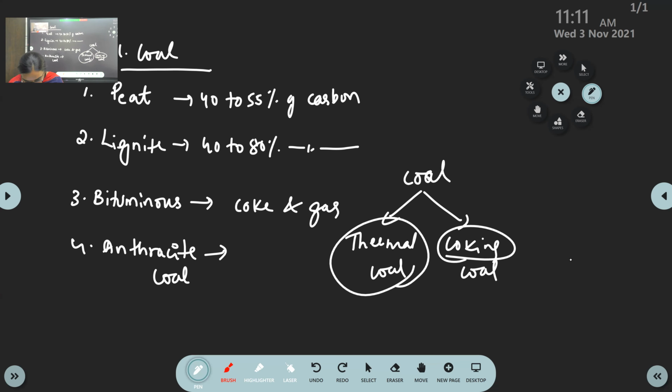Here, distribution. The most important coal fields of India are located in Damodar Valley.